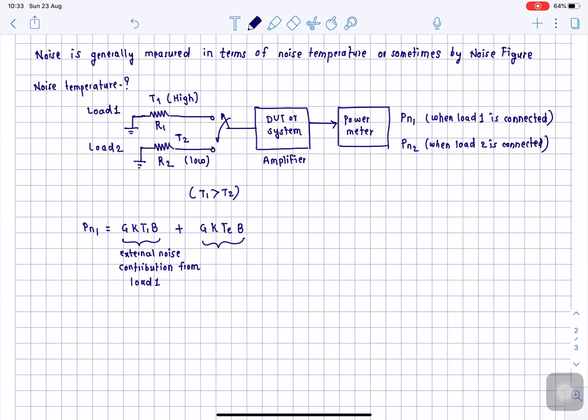This component is the inherent internal noise of the device under test.